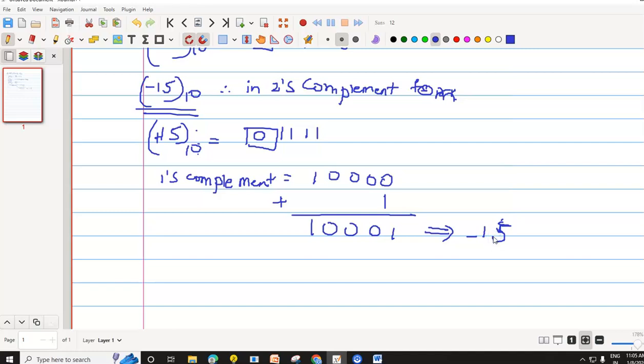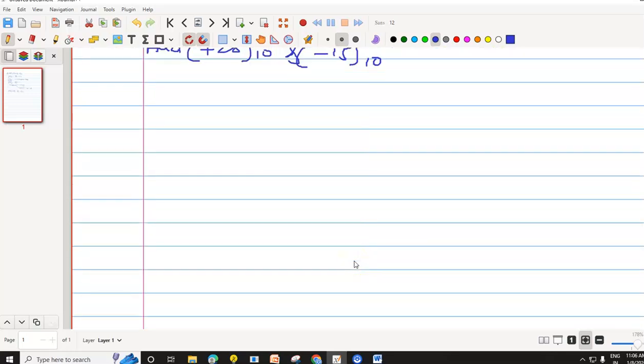So now what you have to do? You have to add plus 28 and minus 15. Okay, so then plus 28 means what, students?